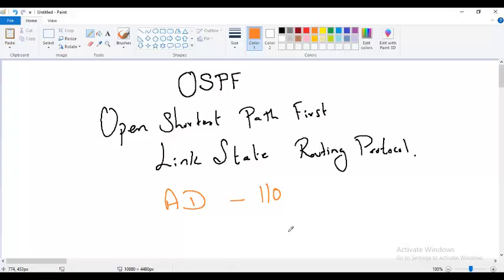So if I am running a router with OSPF and EIGRP, EIGRP says to go to 1.1.1.1, go straight. OSPF says to go to 1.1.1.1, go this way. Which one do you think this router A will follow?